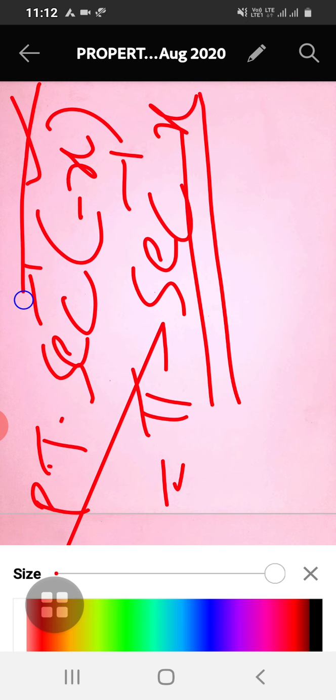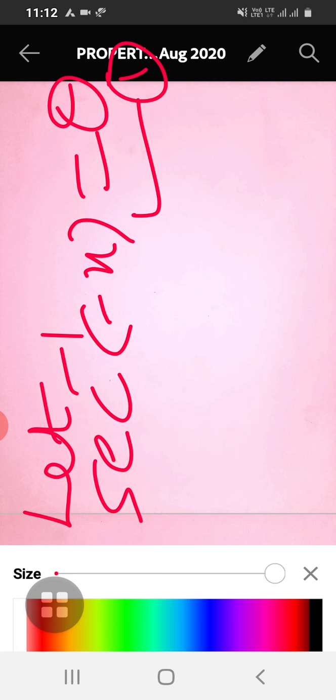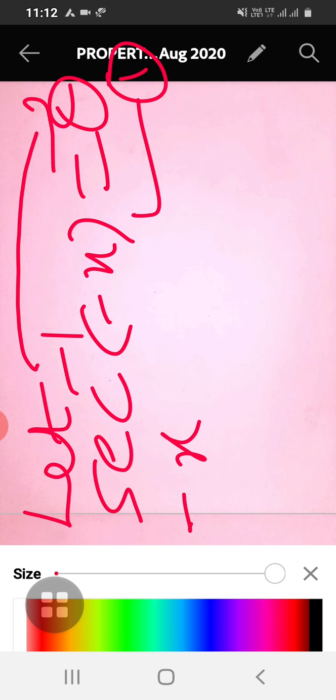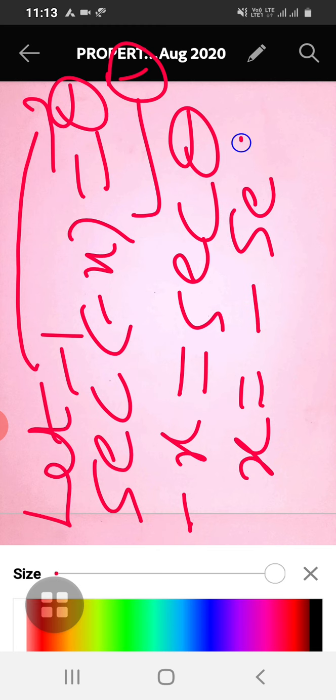You can prove this one in a similar way. Let secant inverse of minus x be equal to, say, theta. We call this 1. Now you shift this secant inverse to the right hand side. Then we get secant theta, or x is equal to minus secant theta. See, don't write minus secant theta as secant of minus theta.